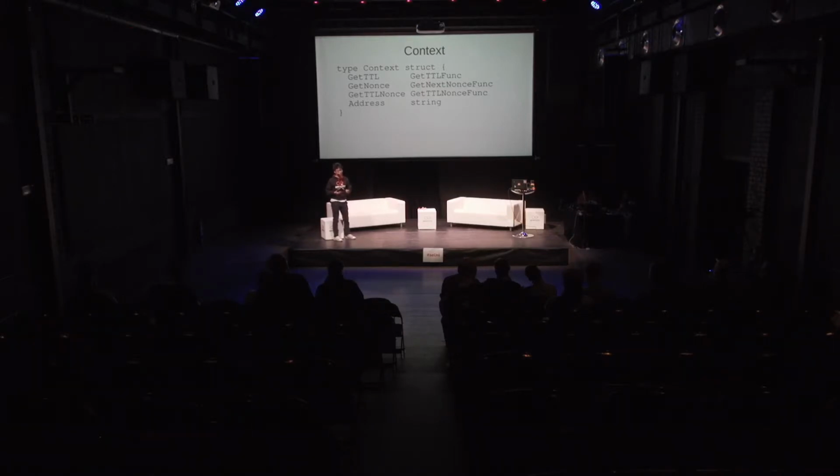You do not want to do that all the time, which is why the context has a couple of closures that do that for you. You tell it which address is going to be creating these transactions and signing them later, and it will generate the appropriate closures and do all the hard work of figuring out the TTL and the account nonce for you.